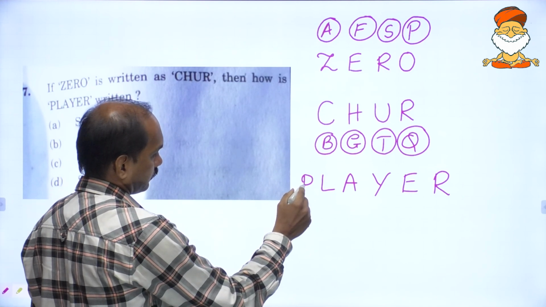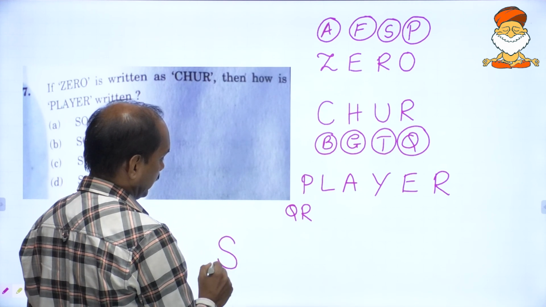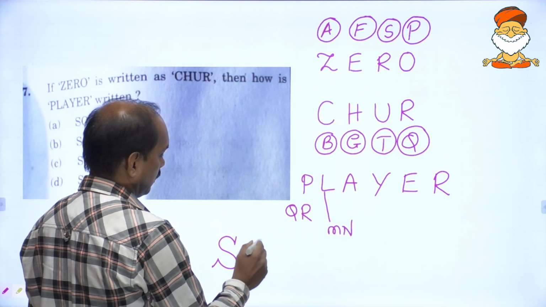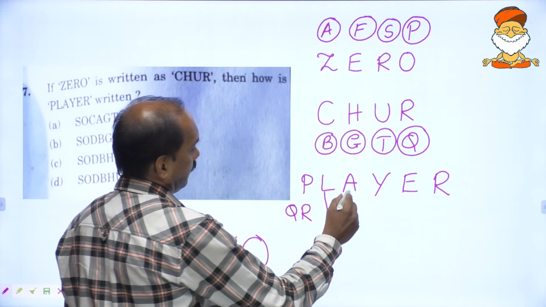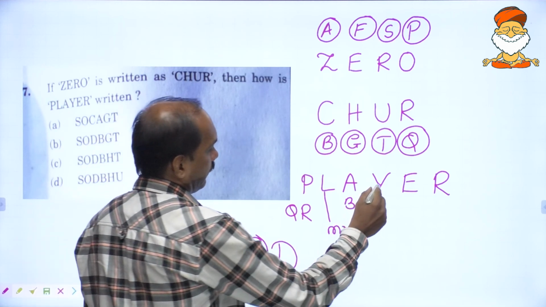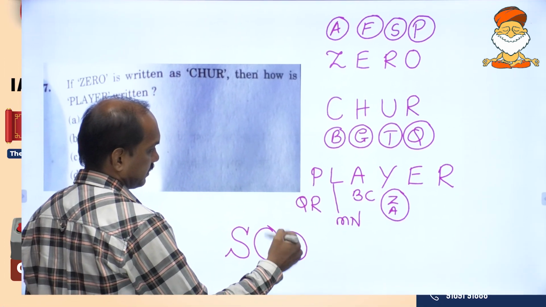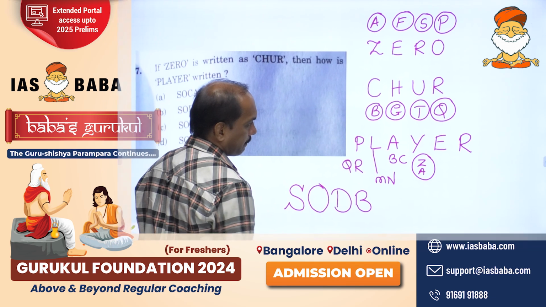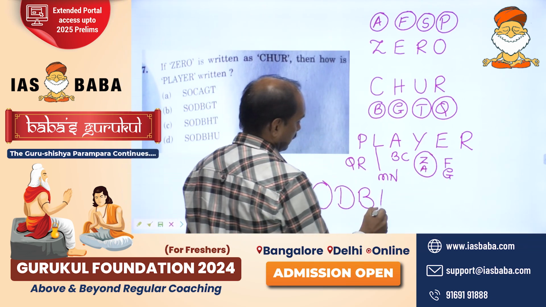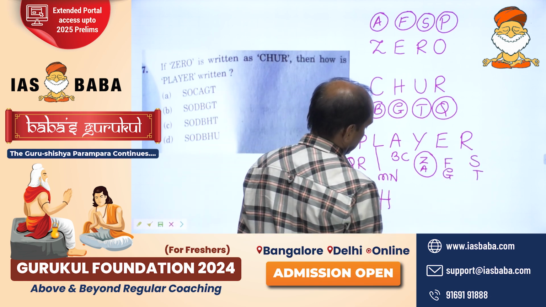P, Q R, you will have to write S. L, M N, you will have to write O. After A it is B C, you will have to write D. After Y it is Z A, skip Z A and write B. After E, you will have to skip F and G. You will have to write H. R, S T, U.